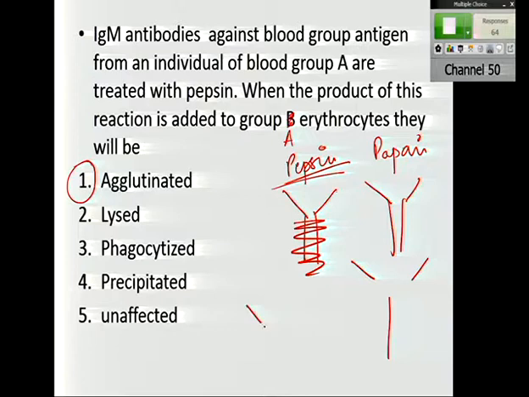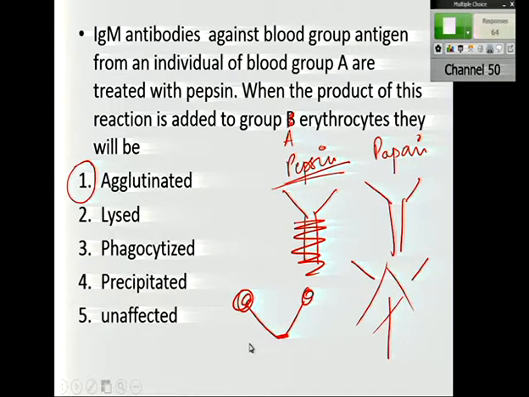Pepsin digestion will still keep this intact. Okay, so the antigen can bind here. You can have cross-reaction, you can have a lattice. This is completely gone with papain. If it was papain, nothing will happen.